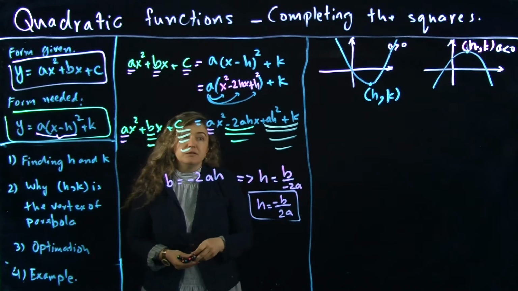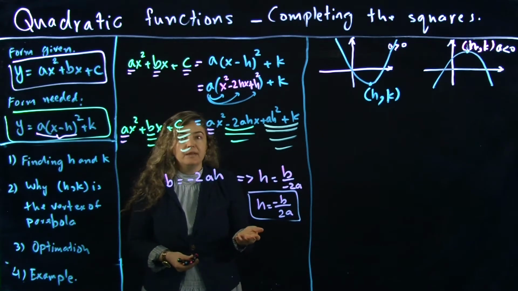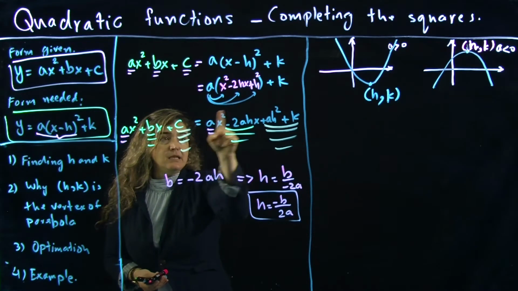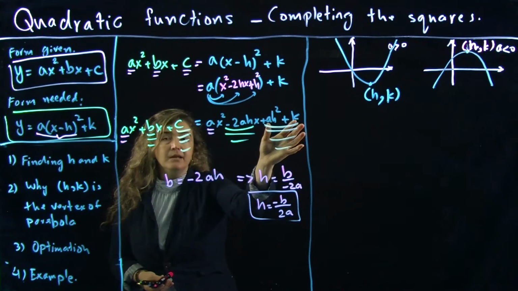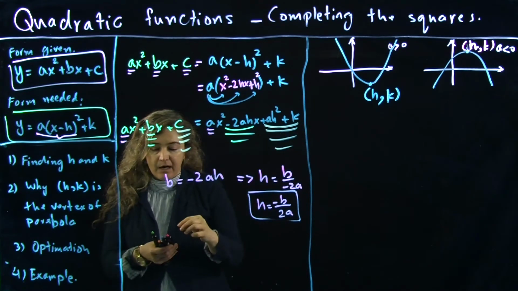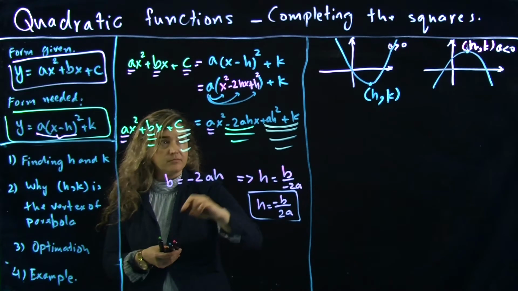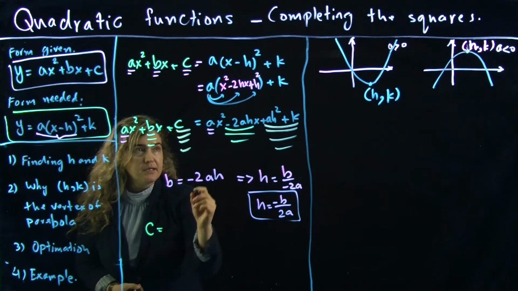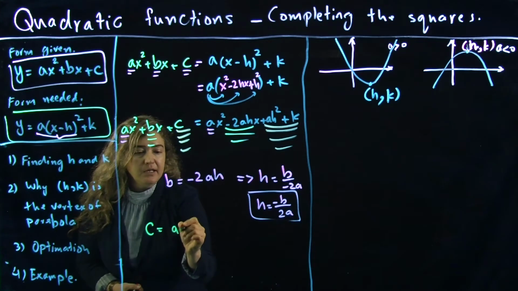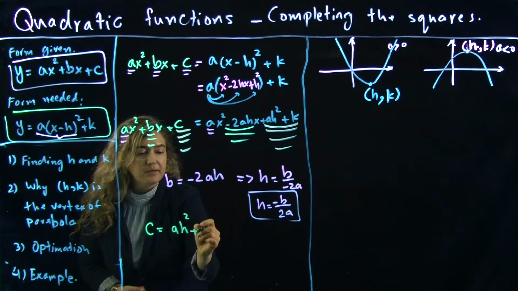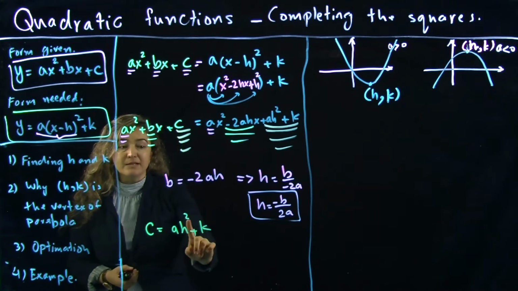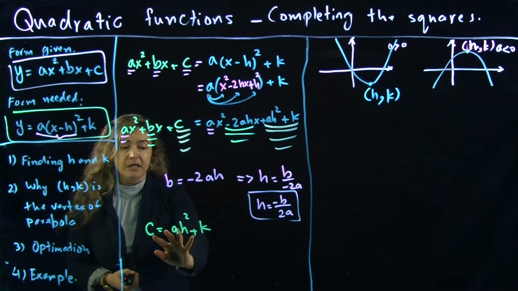The next part is to find k. Now, how do I find k? I have to set c equal to this entire thing and figure out how to find k. So c is equal to a(h squared) plus k. I like to keep it as one unknown in here.